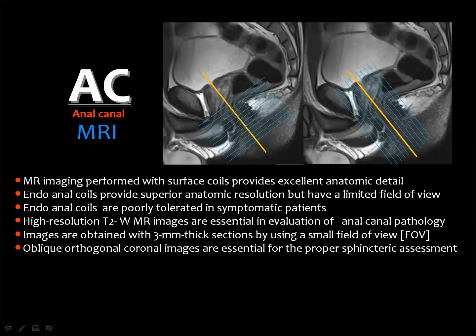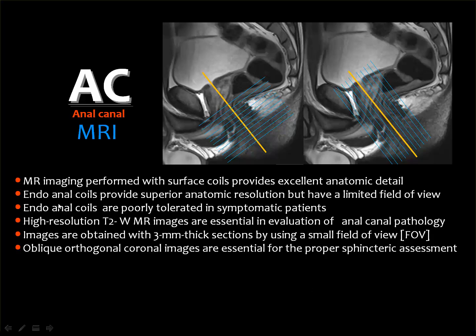Actually, the evaluation of the anal canal can be done in many ways. And of course, you know that the best imaging modality for the time being is the MRI. MRI can be obtained by surface coil or endocoils, and surface coil gives good anatomic details of this area.